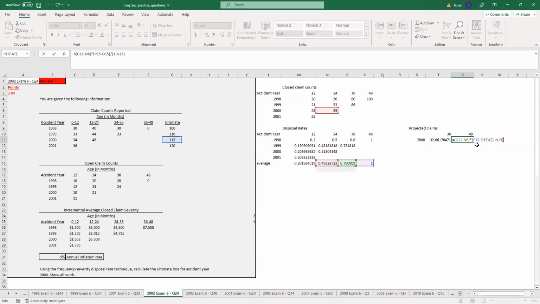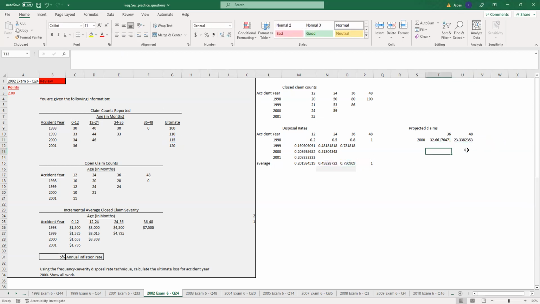Then we take the difference between these two, and they tell us the amount that should be disposed based on the ultimate. That's a good intuitive way of thinking about the formula. Once we have that, the last thing we need is the projected average closed claim severity.